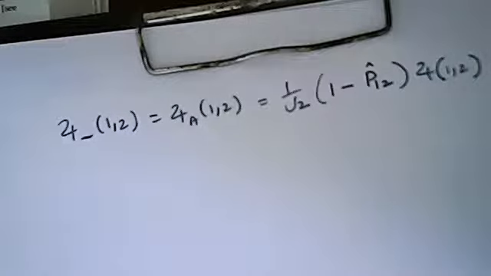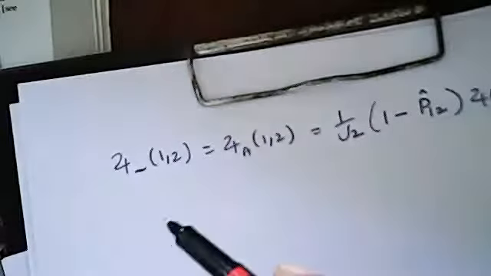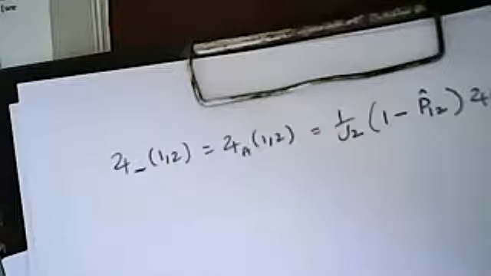Now, this exchange or interchange operation does not affect the system. Does not affect means no change, so that is a symmetry operation. This P12, the exchange of particles, is known as exchange symmetry.